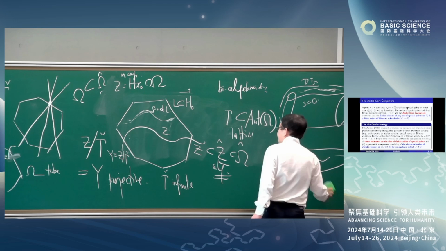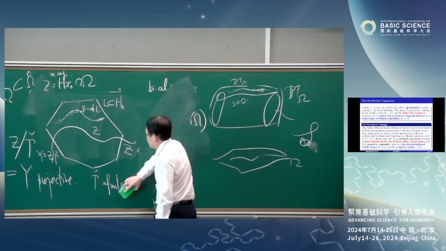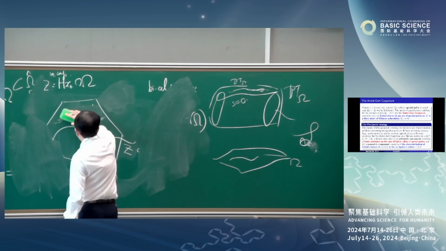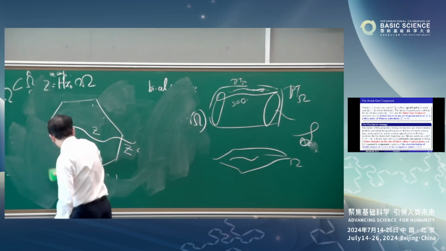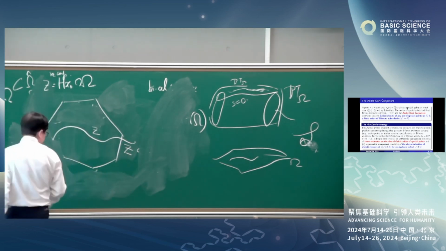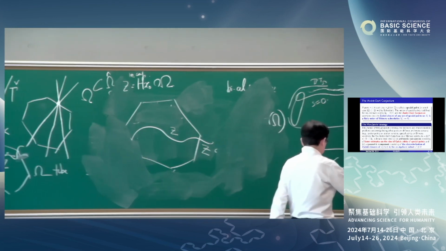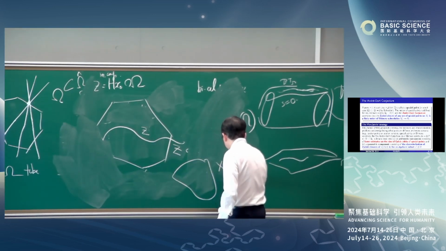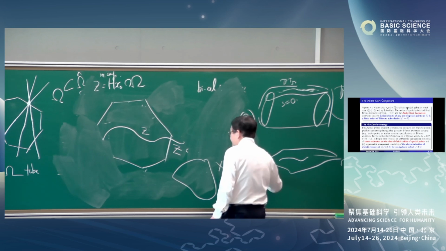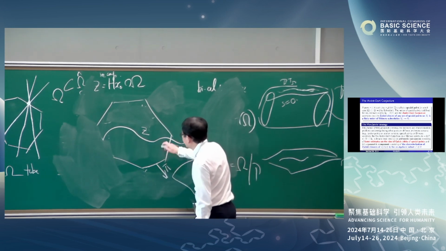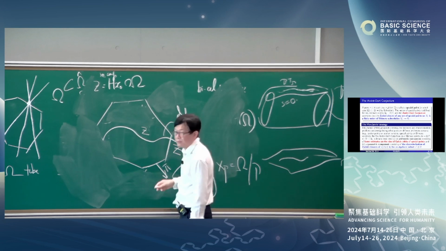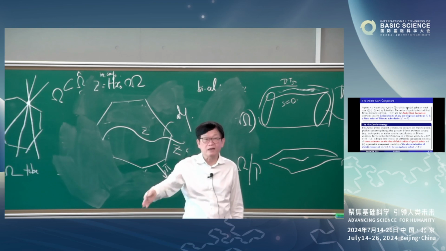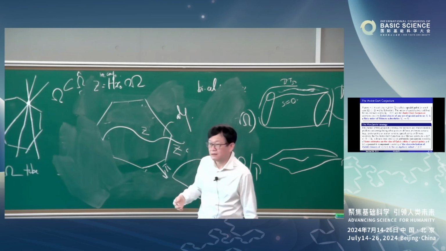You have some algebraic set. So let's now come to a situation where I actually have a lattice. So I have here X_Gamma, which is Omega mod Gamma, and you have this uniformization map, and this is something algebraic. What I mean by something algebraic is an irreducible component of the intersection of an affine algebraic set with the domain Omega.